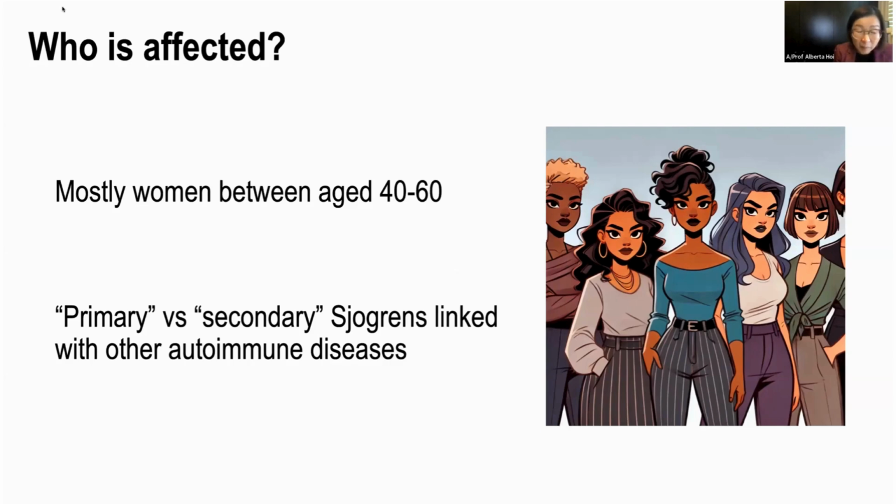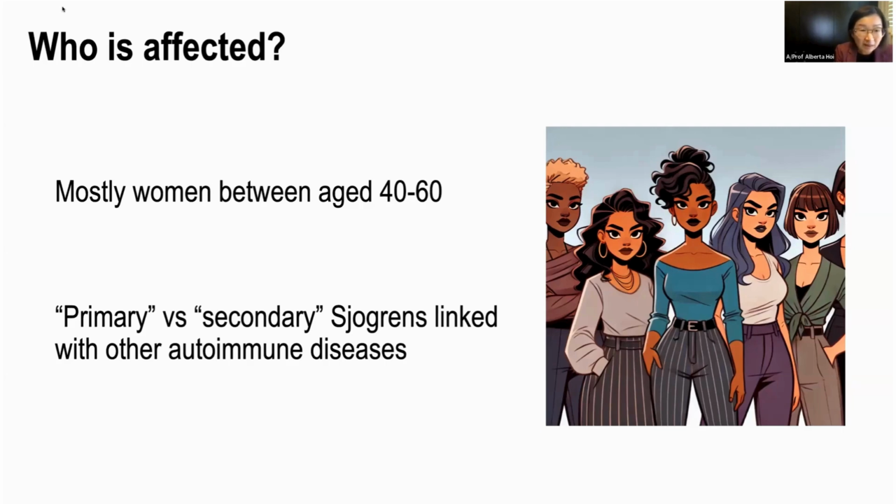in the nomenclature we talk about primary versus secondary Sjogren's. That's when the patient gets assessed and we see whether there are any other linked autoimmune conditions. In the past, Sjogren's is often seen with lupus, and so the term secondary Sjogren's is often used.